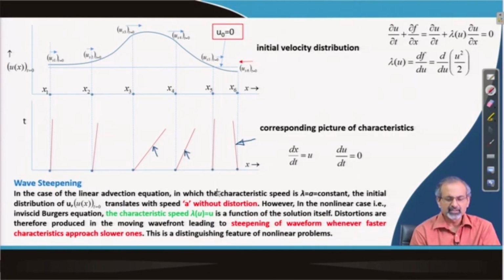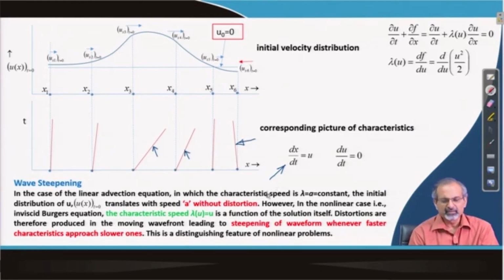Smaller positive velocities are mildly tilted towards the right, while negative velocities are tilted towards the left, because this comes entirely from slope information, because dx/dt is equal to u. So, depending on what the value and sign of u is, accordingly dx/dt gets defined, and therefore that straight line gets defined.